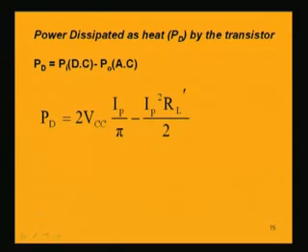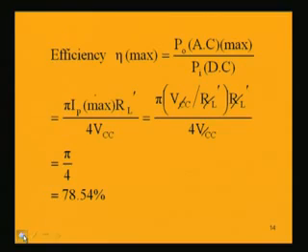So an advantage here is that we can increase the efficiency. It is even higher than the earlier examples, like a class A amplifier, where we were having only 25% and 50% efficiency, but here it is more, which is 78.54%.